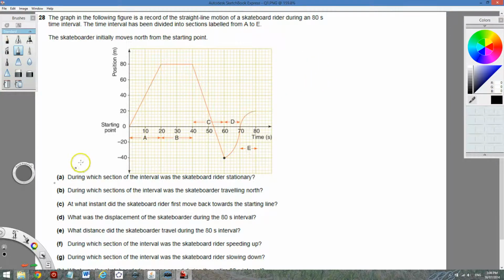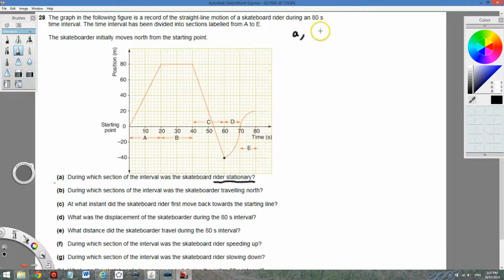Now, question A, we need to find when it is stationary. Stationary means it doesn't move. From the graph, I can say it starts from the initial point and moves to 80 meters, and it stays there for 20 seconds.